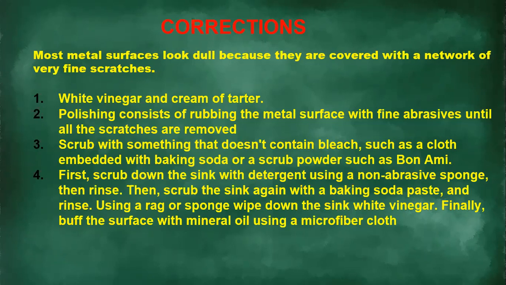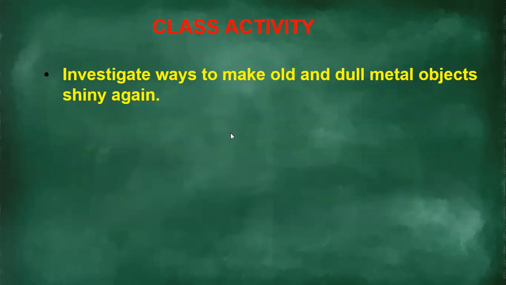Then finally, you can buff the surface with some oil, or you can use a microfiber cloth, which is usually used to wash window glasses, okay? Or to wash windows. Now, as we all saw, there are different methods that you can use to make dull objects shiny again, okay?